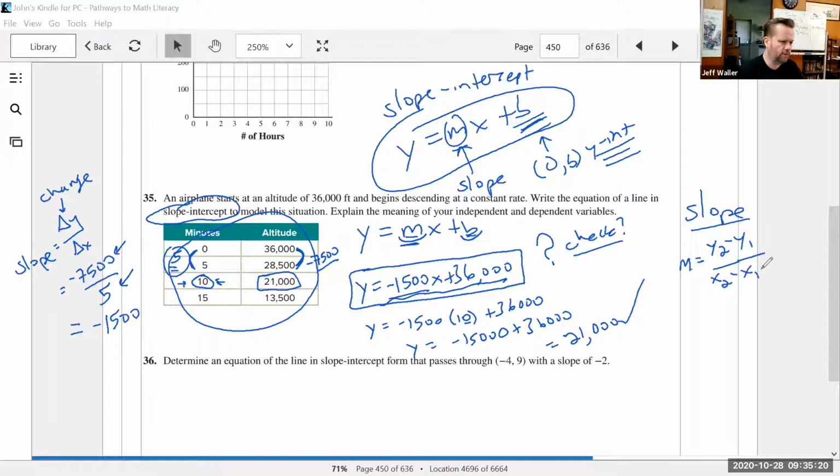Does that look familiar to anybody? Yes. And look how it makes sense. Didn't I subtract these two, which is y2 minus y1, and then divide by the difference between these two, x2 minus x1? The little 2's mean the second point, and the little 1's mean the first point.